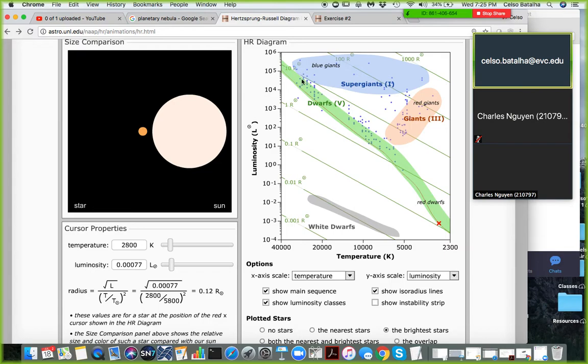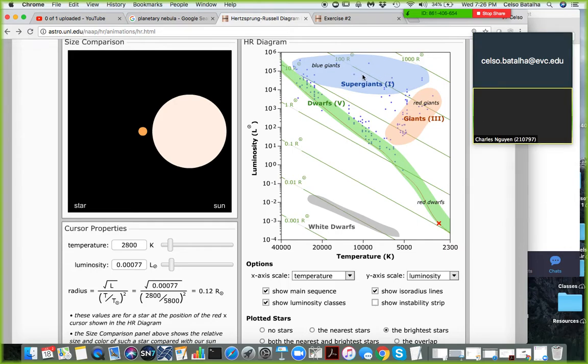And a high mass star evolves off the main sequence as a supergiant, and then explodes like a supernova.